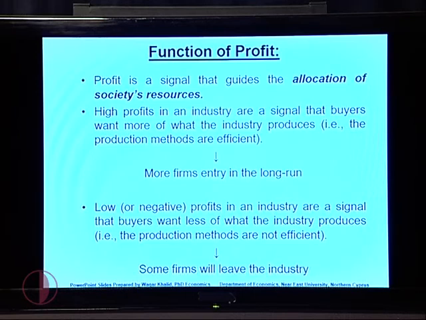For example, high profits in an industry are a signal that buyers want more of what the industry produces. That is, the production methods are efficient. If in an industry the profit levels are higher, what does it mean? This is a signal that buyers want more of what the industry produces.